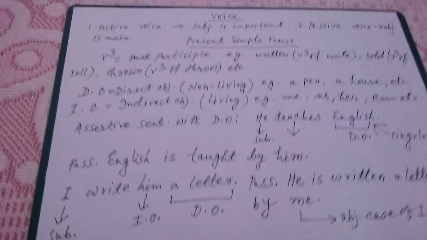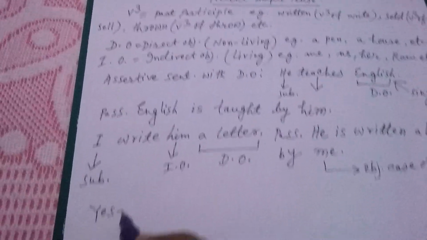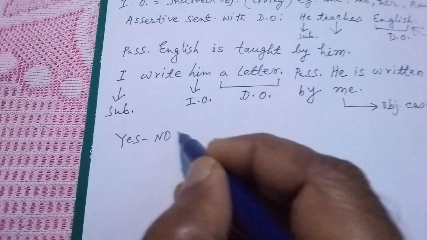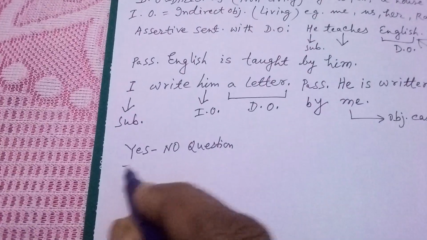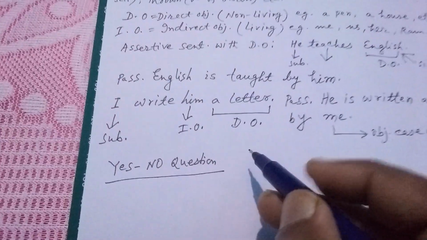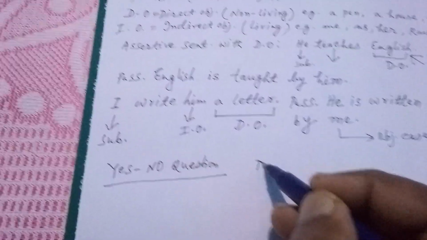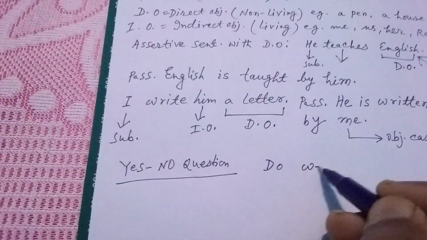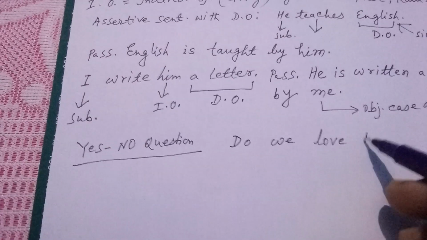Okay? Now, second type is yes no question. Yes no question. In this, you say, do we love them?